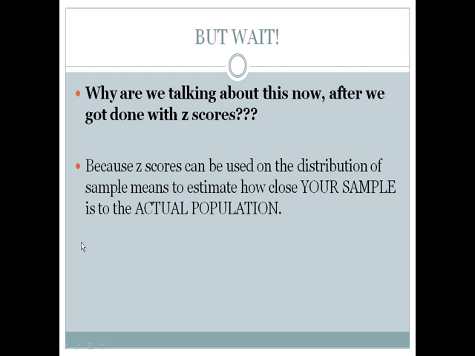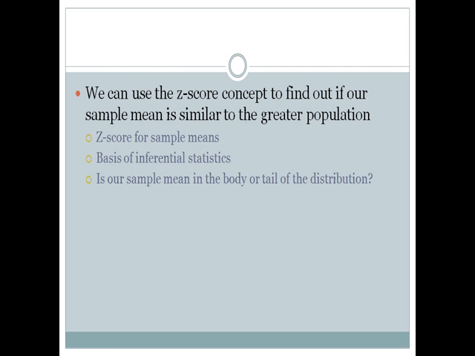Remember in previous talk, we know that we need to use this information about the distribution of sample means with z-scores in order to start talking about hypothesis testing. So how does this topic connect? Z-scores can be used on a distribution of sample means to estimate how close our sample is to the actual population. We can use the z-score concept to find out if our sample mean is similar to the greater population mean.